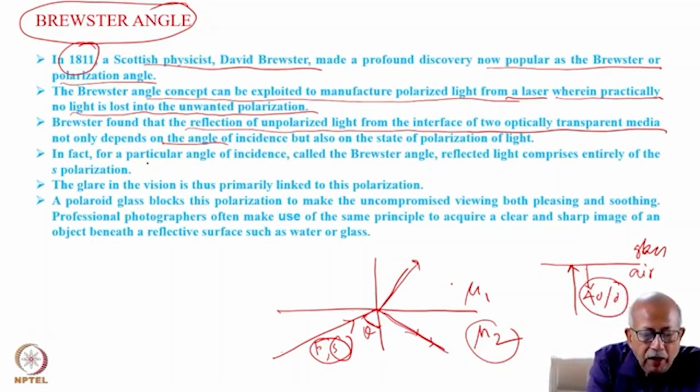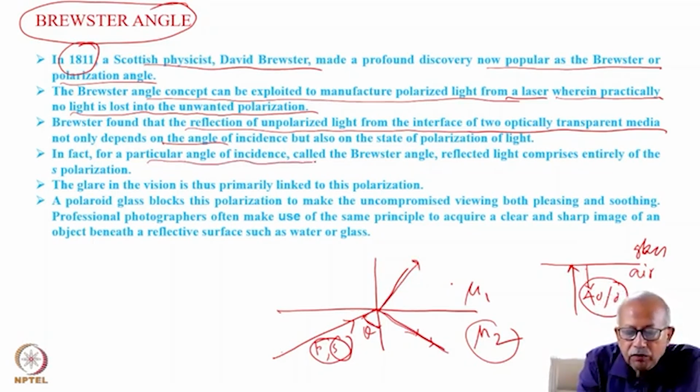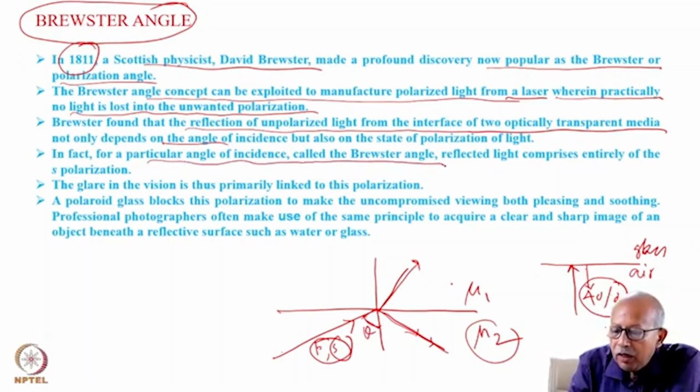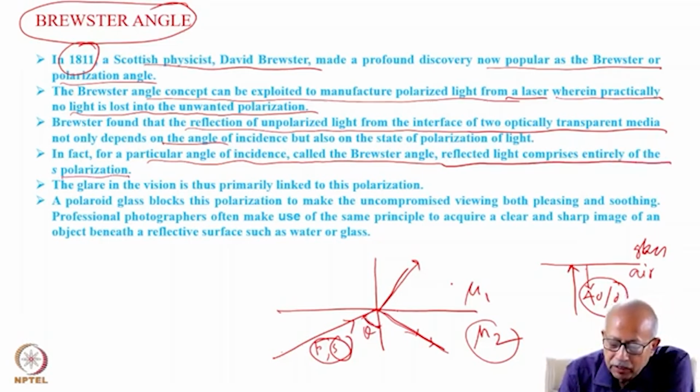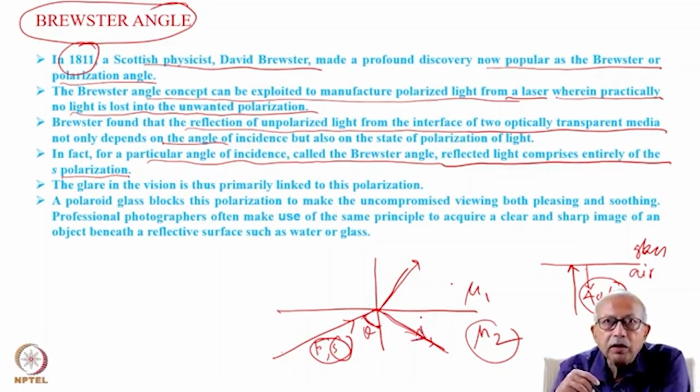And as a matter of fact, at a particular angle of incidence called the Brewster angle, reflected light comprises entirely of S polarization. At that angle, the reflected light cannot be P-polarized light.